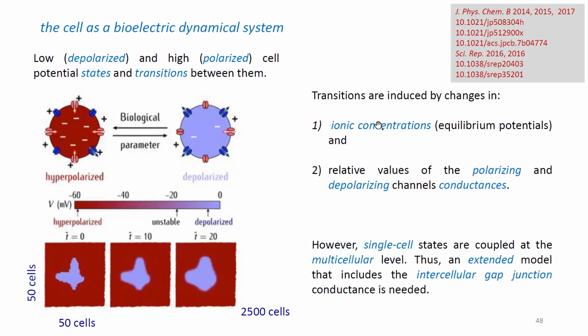These transitions can be in principle regulated by the ionic concentrations and by the relative values of the polarizing and depolarizing channel. However, it is clear that to try to understand qualitatively bioelectrical experiments with model systems, with model animals, we need to extend the model to the case of intercellular gap junctions to consider multicellular ensembles.